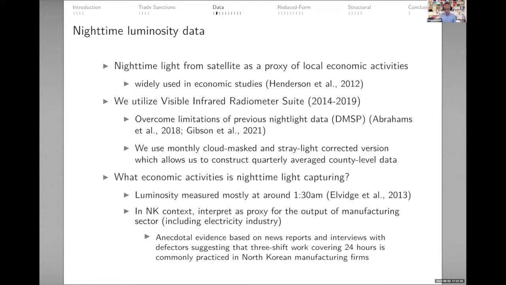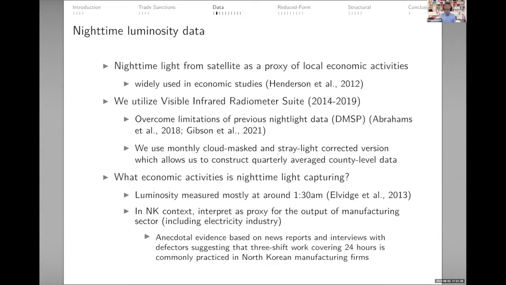So the key question is, what activities is this nightlight data capturing? The satellite is known to take pictures at around 1:30 a.m. So we think in the North Korean context, this is not capturing nightlight coming from the service industry. We think it's more related to the manufacturing industry, and that's based on some anecdotal evidence from news reports from North Korea.